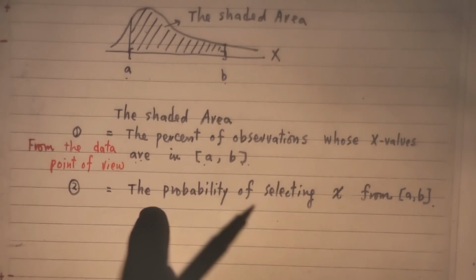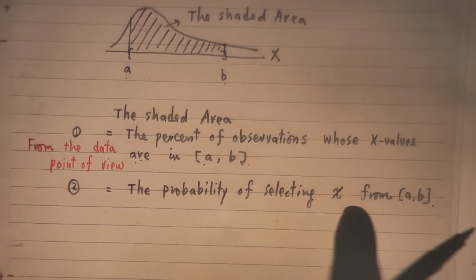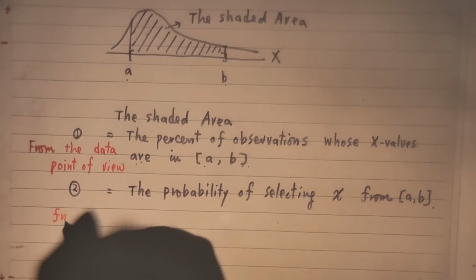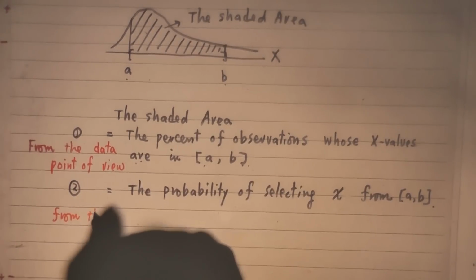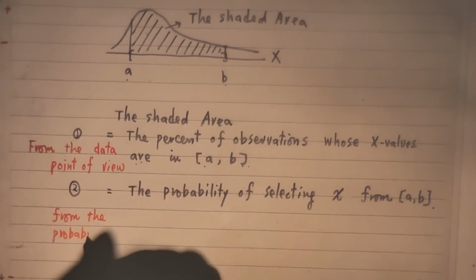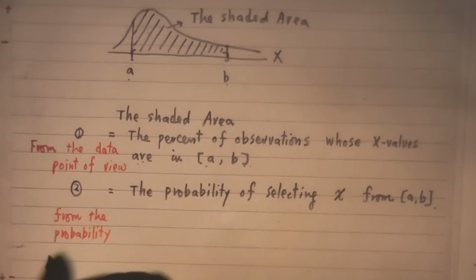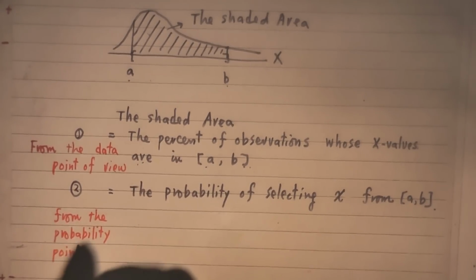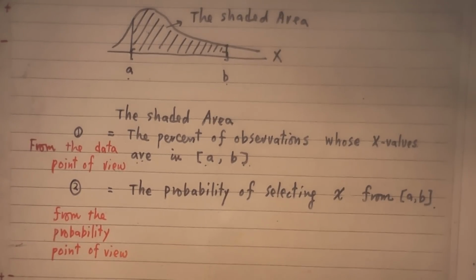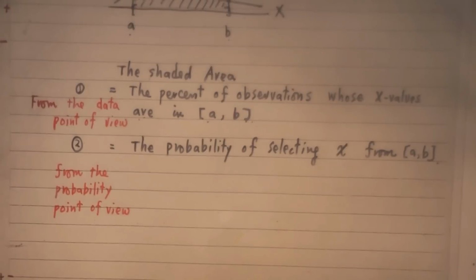And the second one, the probability of selecting x from interval AB, is from the probability point of view.